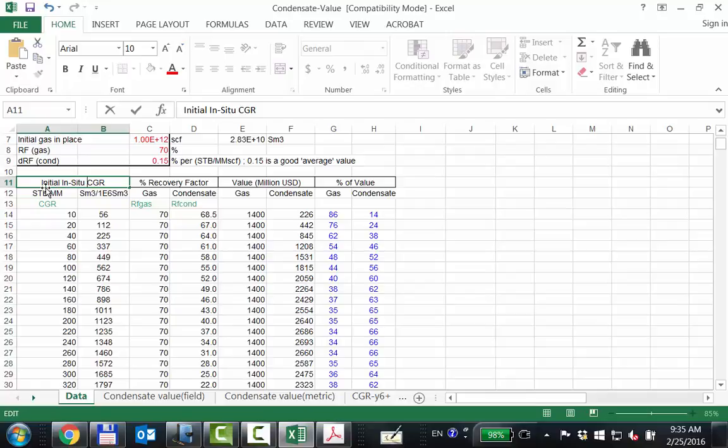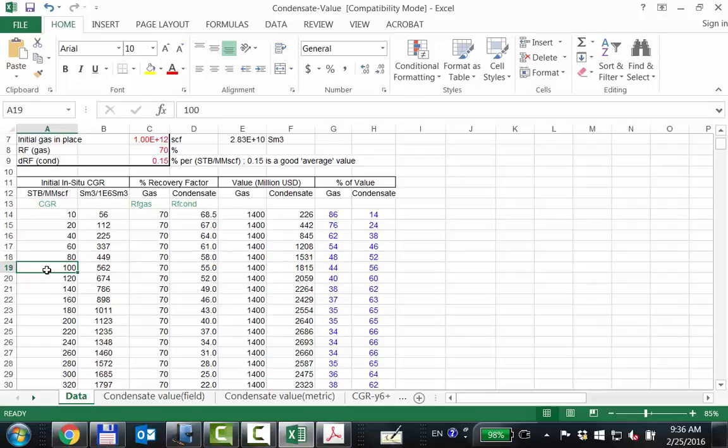Okay, it's the reservoir fluid, and you take it to the surface, and if it makes 100 barrels per million standard cubic feet of gas, this is not particularly good. Standard cubic feet should be, that's the unit for field, and this is standard cubic meters per million standard cubic meter. So this is something around what I would call a normal gas condensate.